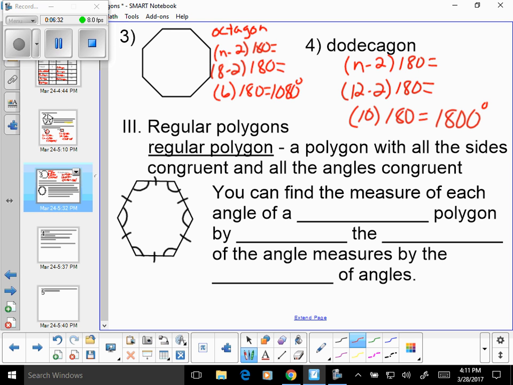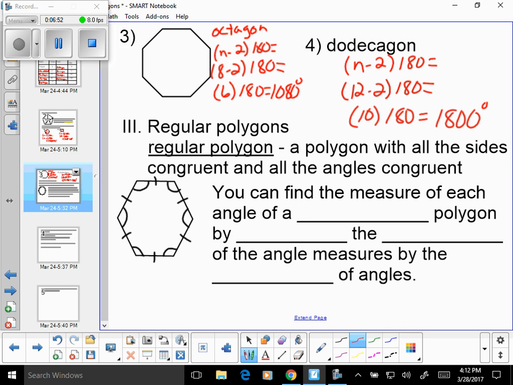Now, if we're talking about a regular polygon, and this definition is one they expect you to remember, all the sides have to be congruent and all of the interior angles have to be congruent. So if you'll note for this hexagon, I have tick marked all the sides. I've also arced each of the interior angles.